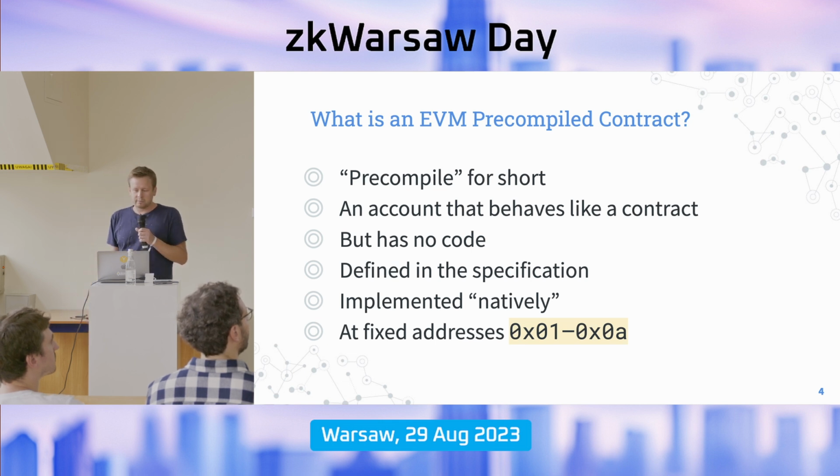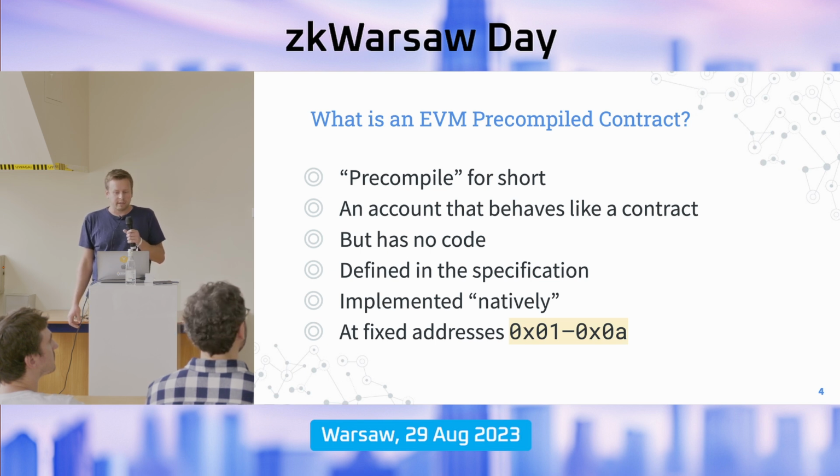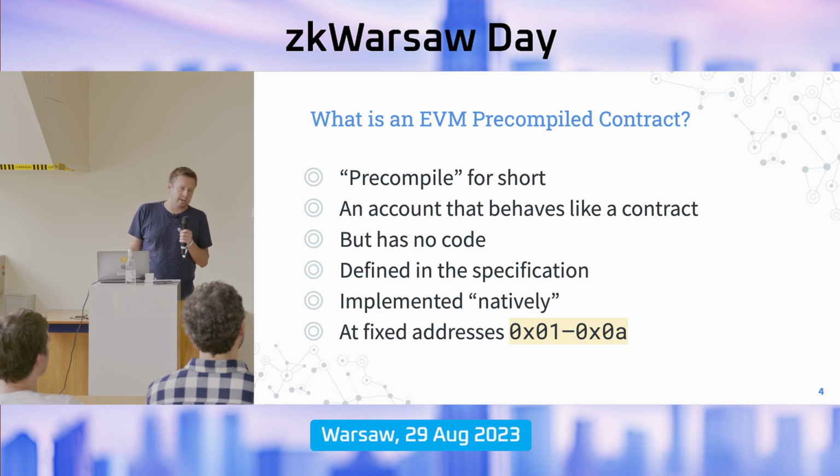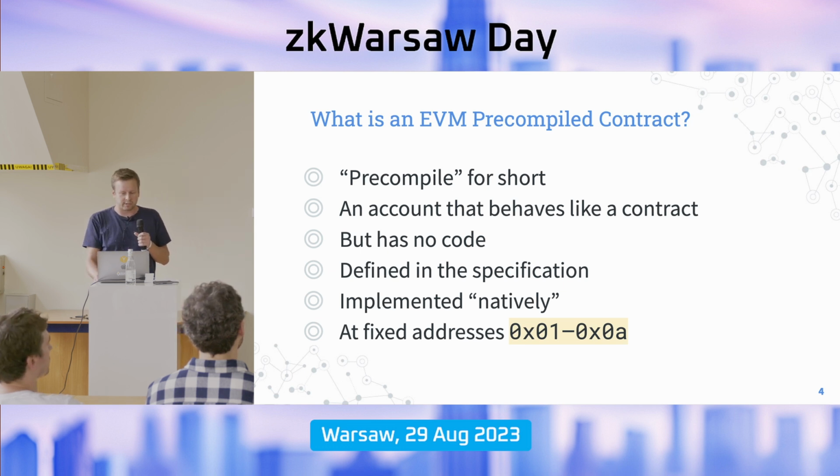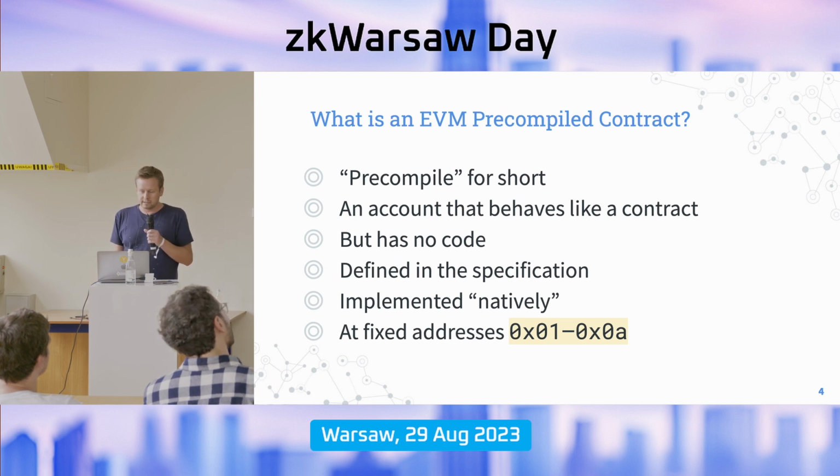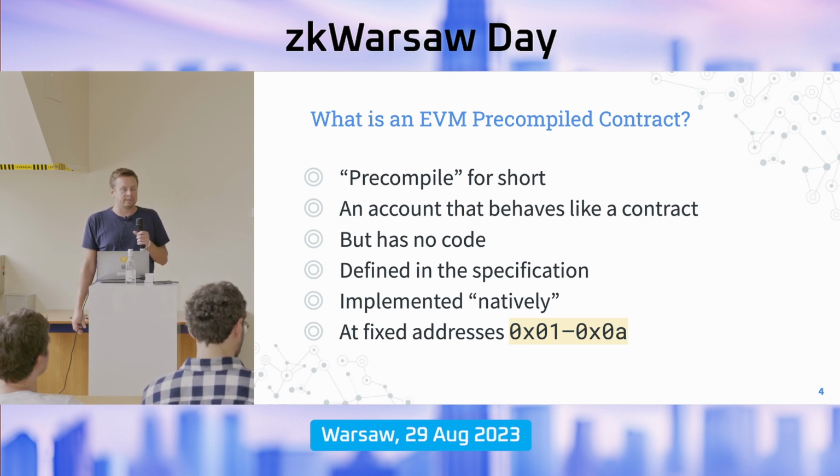The way it works is defined in the specification of the precompiles, but not in the set of, for example, EVM opcode instructions. So basically, the precompiles are implemented by the execution layer clients according to the specification of the precompiles.